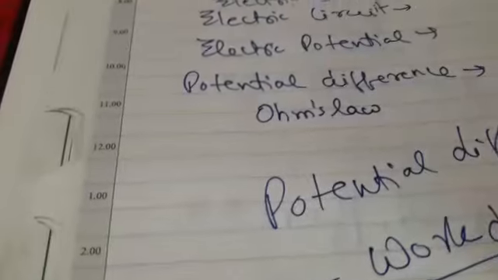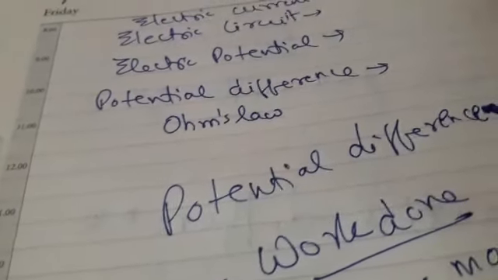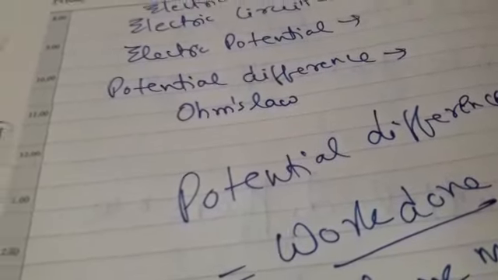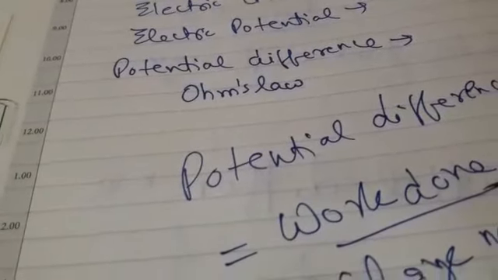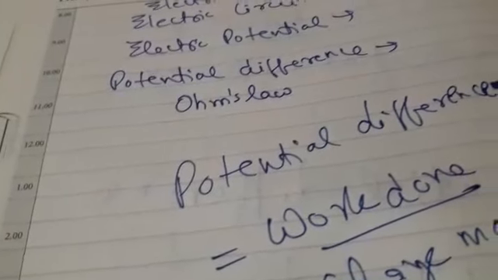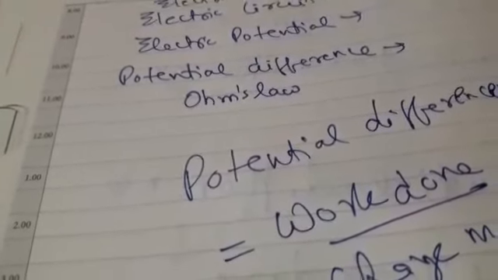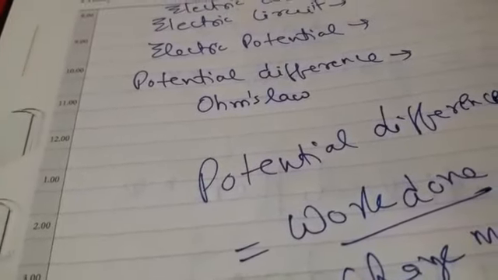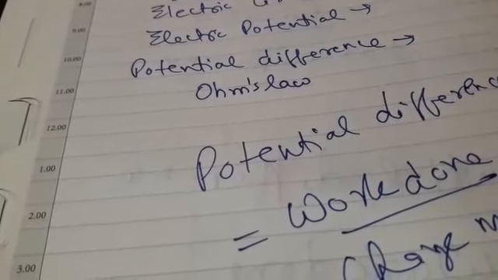Now, a very important topic that I want to discuss is Ohm's law. Sir Ohm very clearly depicted the relation between potential difference and the current flow. He said that at constant temperature, the potential difference developed across the ends of a conductor is directly proportional to the current flowing through the conductor.